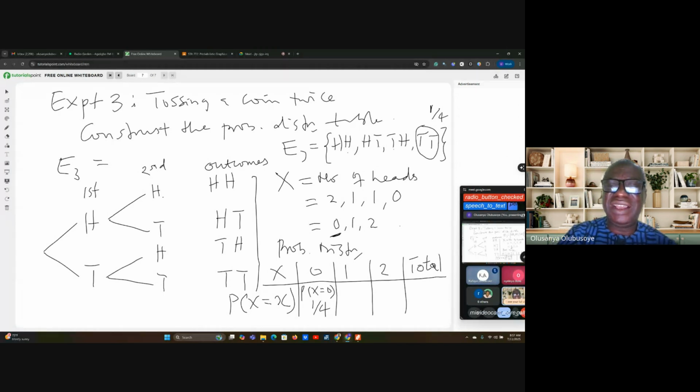Now I'm talking of the probability of random variable x taking the value 1, which means I'm interested in when the number of heads is 1.